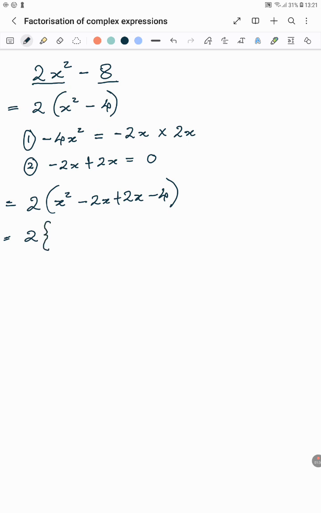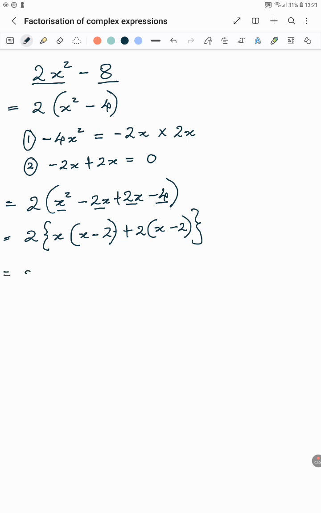So here, the first two terms have x as a common factor, so you take out x, and you remain with x, and here you remain with 2. These two terms, you take out 2, and you remain with x, and here you remain with minus 2, and you put the closing curly bracket.